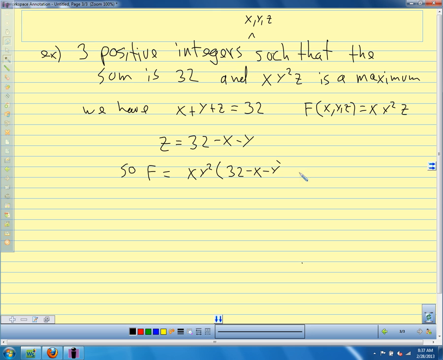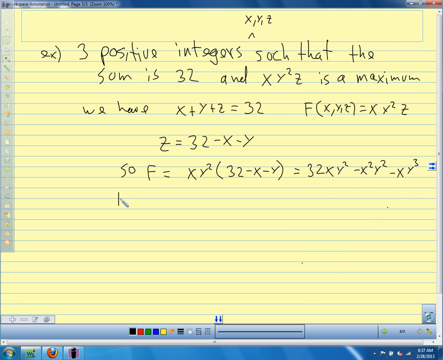And if I distribute here, I end up with 32xy squared minus x squared y squared minus xy to the third. So this is what we're trying to maximize. We have a two-variable function. We want to maximize this, and we're going to use the tools that we know already to maximize it.